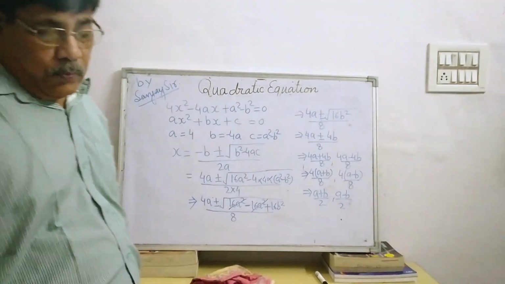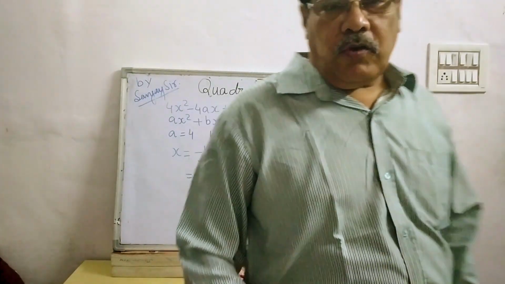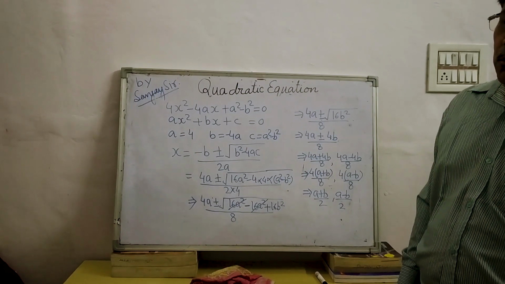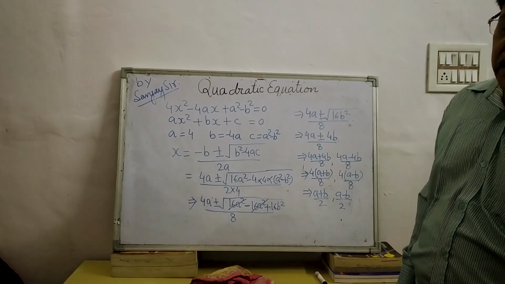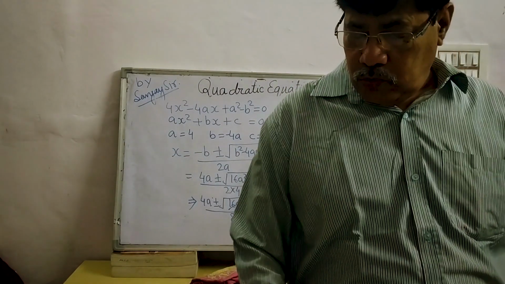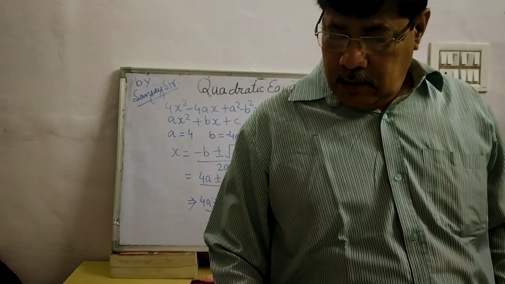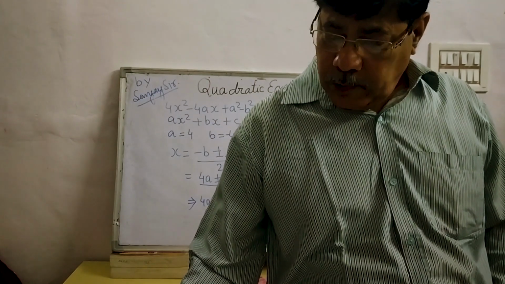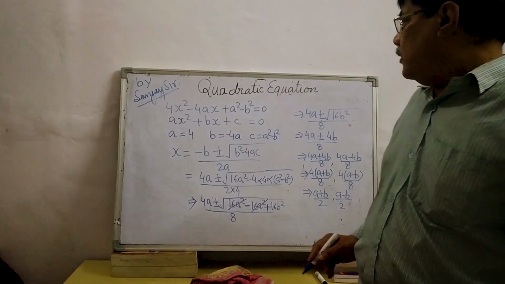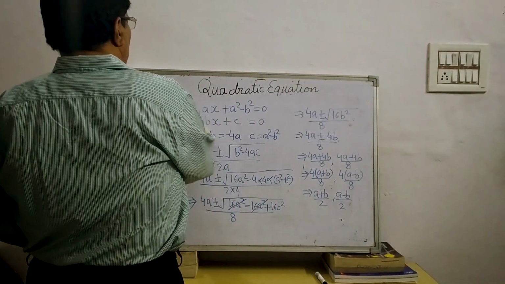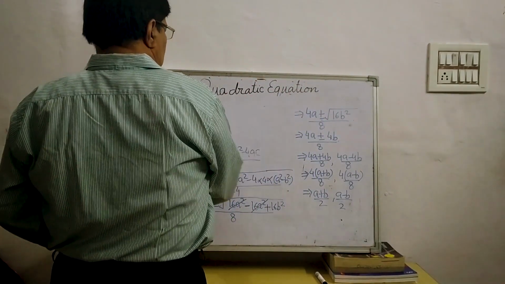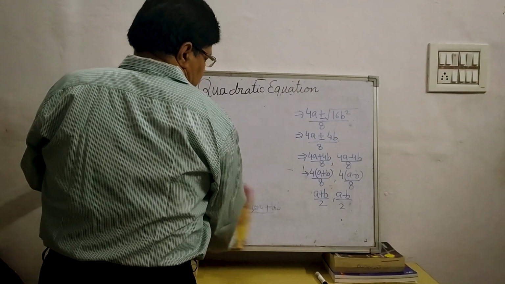So do it in your copy. Children, I hope you will do the homework. Okay, I am giving you a few questions so that you should be able to solve them. Do it fast. Now I am giving you one homework, and remaining questions you have to do from your textbook.